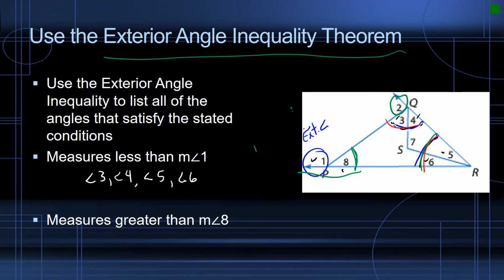So, measures greater than angle 8 under the exterior angle inequality theorem is going to give us just angle 2. You got to think, don't get tripped up. Sometimes things look obvious. You got to take a step back and think about it. What are they asking me to do? What are they asking me to identify? And go with that. All right, not too bad.